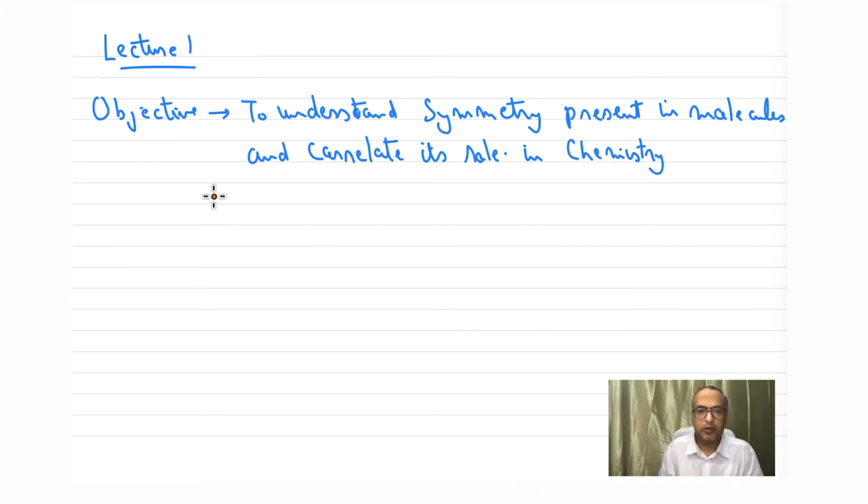So let us see how to do that. The course has two aspects. One is symmetry, another is group theory, right?